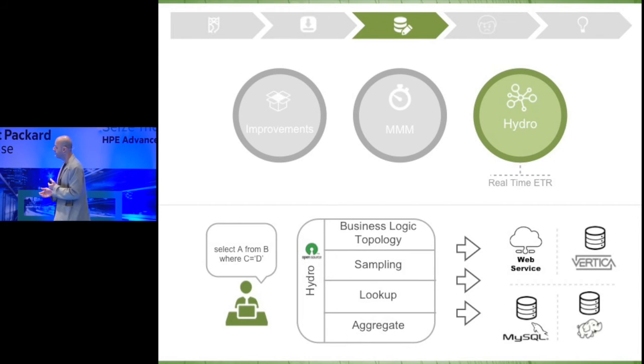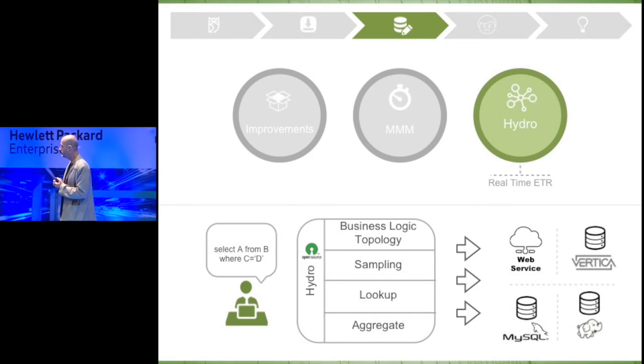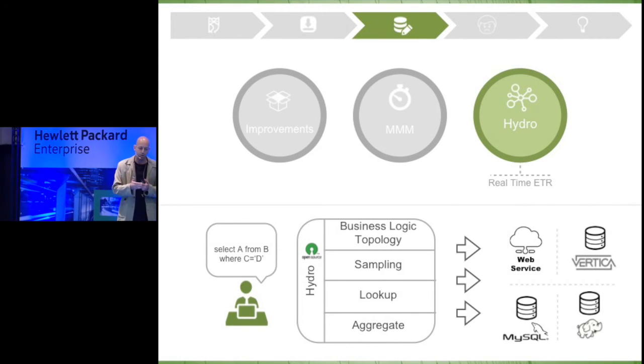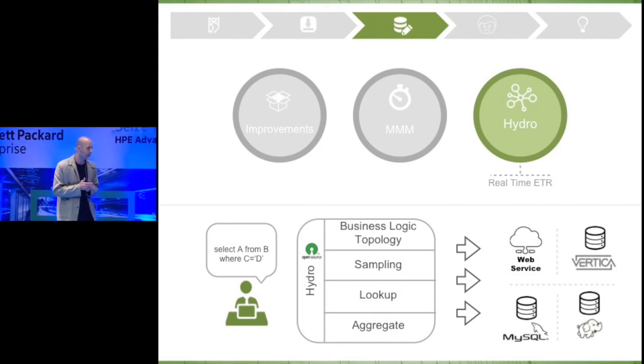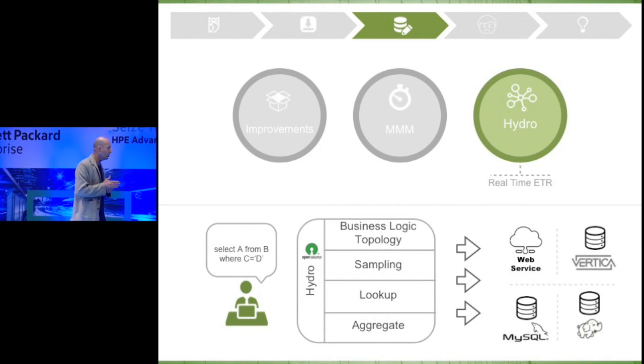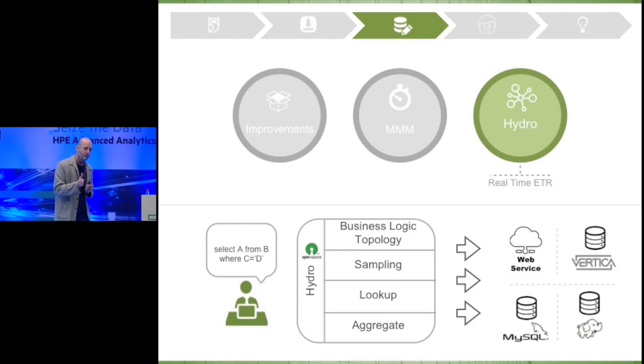Then with this result, get also metadata from MySQL, and before you return it to this client, do some kind of business logic because it's a top priority client, do some other things, and then return it to the client. Hydro is helping us not only on the front-end side, but also the back-end side.